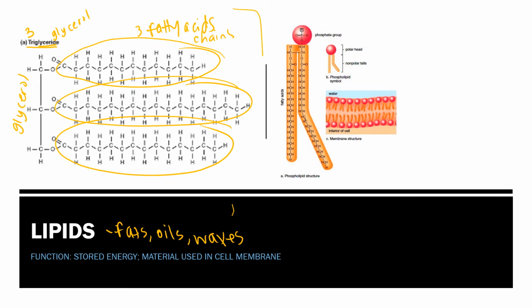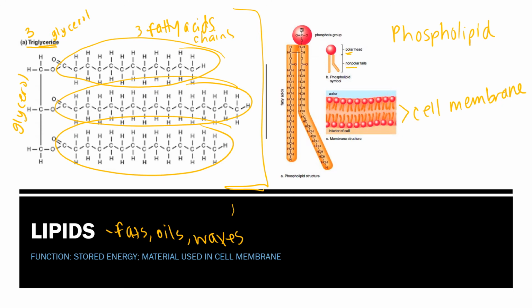So that's a normal fatty acid, and we can have saturated, unsaturated, or polyunsaturated. And then over here, we have a phospholipid. Okay, and those are in the cell membrane. And you can see that we have some recurring vocabulary words.